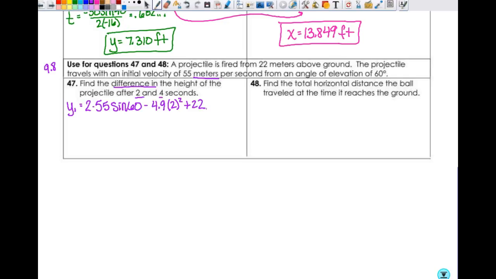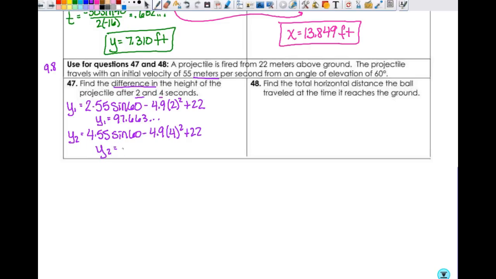And then my y2 is going to be equal to 4 times 55 times the sine of 60 minus 4.9 times 4 squared plus 22. So I substitute them in. I put those in my calculator. Y1 is going to give me 97.663, blah, blah, blah. Store that in your calculator.